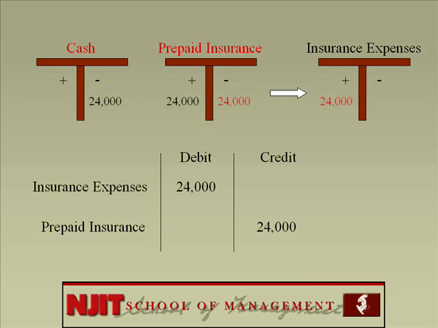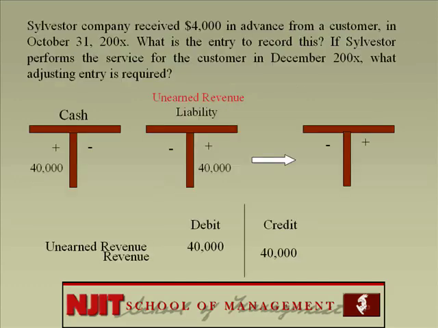The net result is you paid cash 24,000, you paid it for insurance, so insurance expense is 24,000. That's it. The prepaid insurance account vanishes. Let's do another one. Have a look at this question.